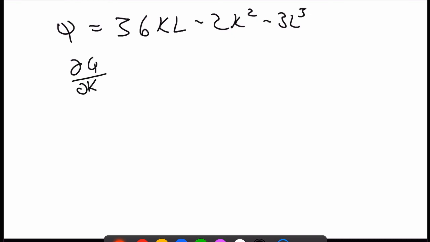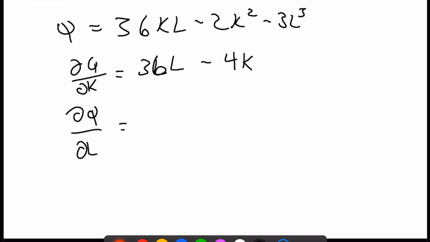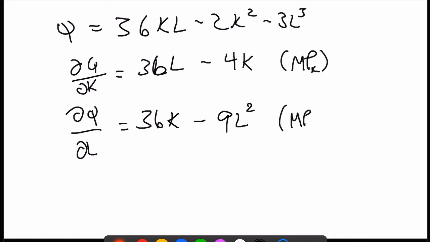So if I have this equation, I find dQ/dK is 36L minus 4K, and dQ/dL equals 36K minus 9L squared. This is MPK, and that's MPL.